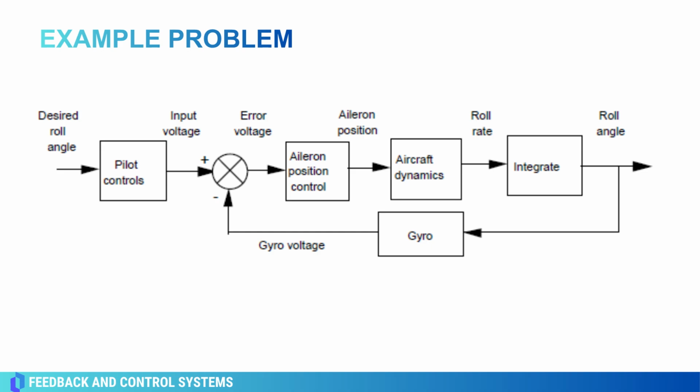The controller now sends a command to the aileron actuator. Then the aircraft produces a roll rate after the aircraft dynamics. The aircraft is the plant, which means it is the physical system that is being controlled.